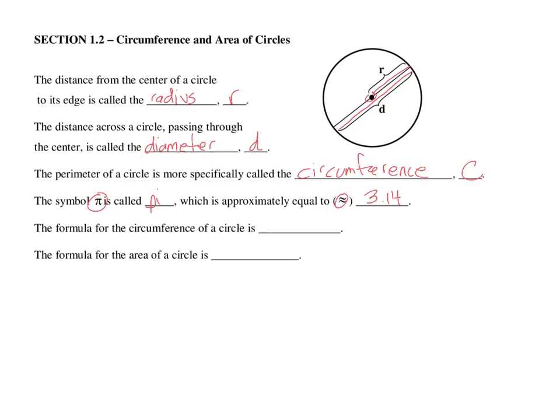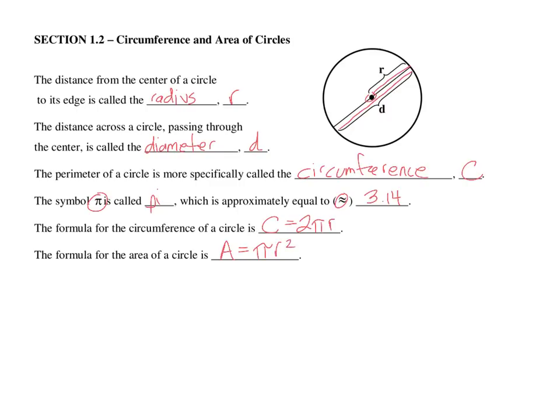The formula for the circumference of a circle is c equals 2 pi r. The formula for the area of a circle is area equals pi r squared.